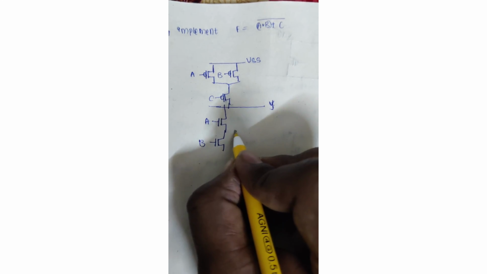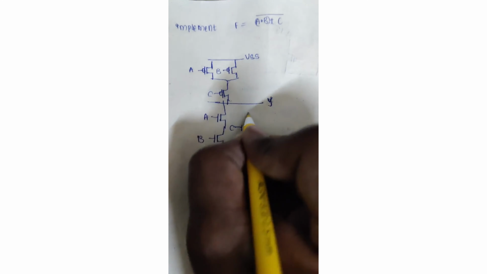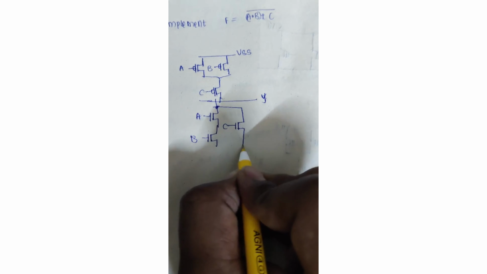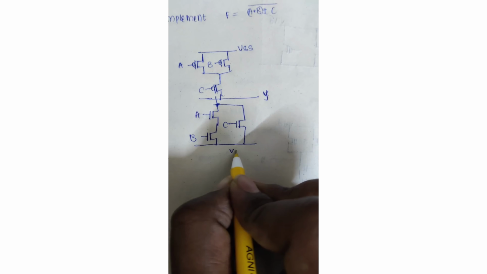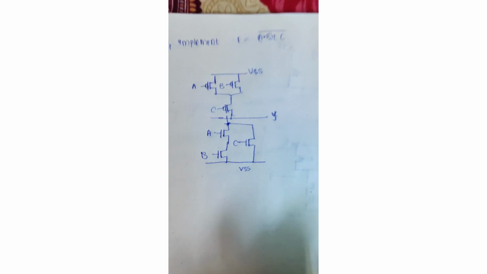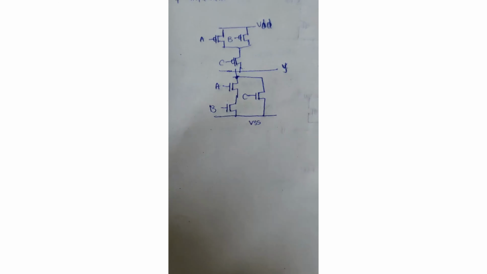A plus represents a parallel combination, so we take C here. This is VDD. Sorry guys, this is VDD and this is VSS.